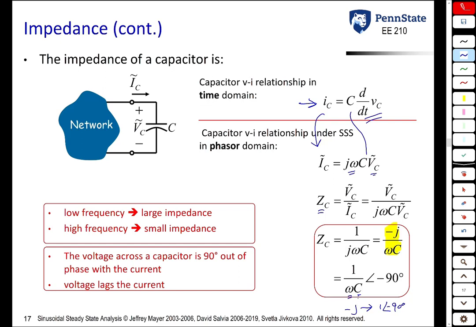So let's look at a quick example here. Let's have a 10 farad capacitor. And once again, let's start with the current and let the current I_C be 0.5 cosine of 10t amps. So what's the voltage across the capacitor here?